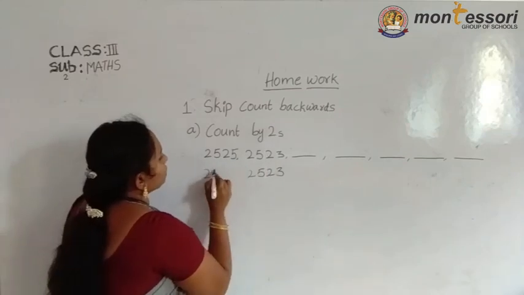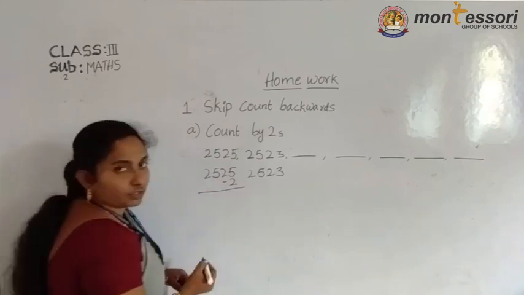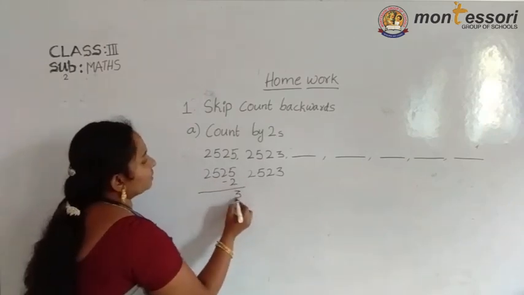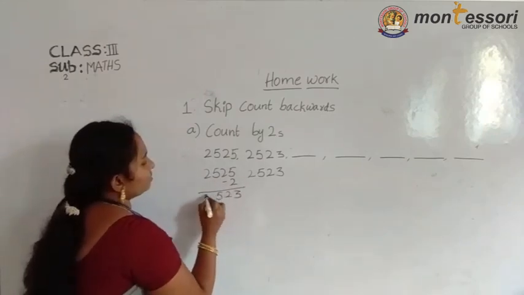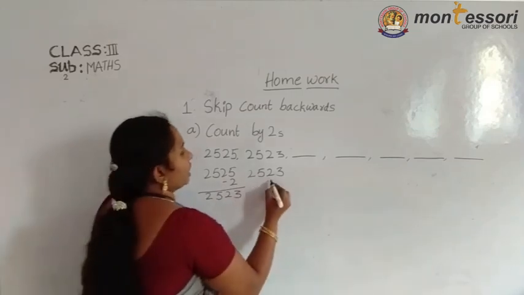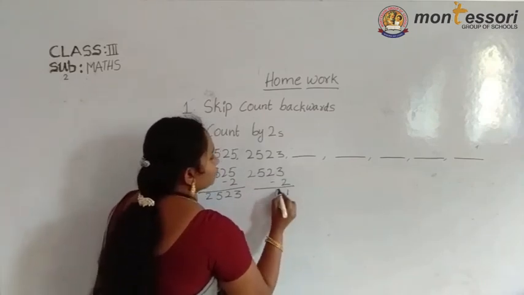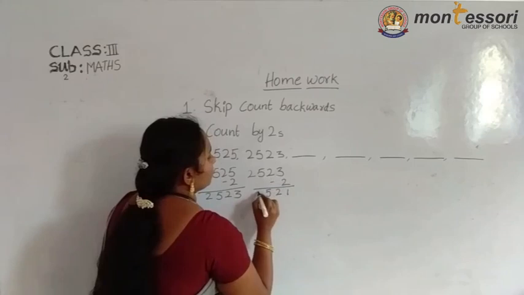Here already 2525 minus 2. So now 5 minus 2, 3, 2, 5, 2. Okay. Now we got the same answer. Now we can do the minus 2. 3 minus 2, 1, 2, 5, 2.